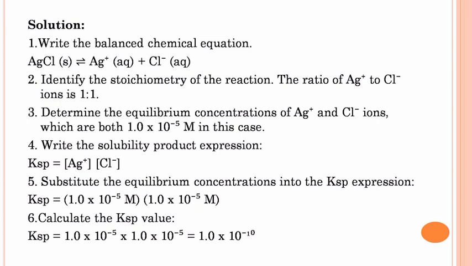Fifth, substitute the equilibrium concentrations into the Ksp expression. Ksp = (1.0 x 10^-5 M)(1.0 x 10^-5 M). Sixth, calculate the Ksp value. Ksp = 1.0 x 10^-5 x 1.0 x 10^-5, to give 1.0 x 10^-10.